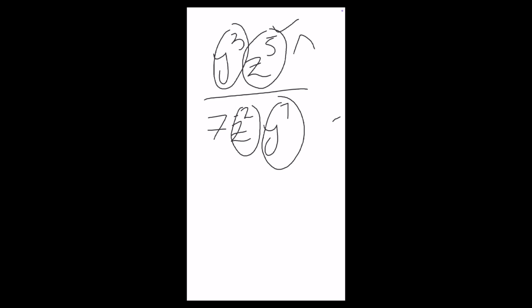Either they should be both y, or both x, or x and y, but their exponents should be different. So now if this z is supposed to go upside, this y3 has to go down with this y7. Okay, y raised to the power 7. Till here, did you get what I am telling?